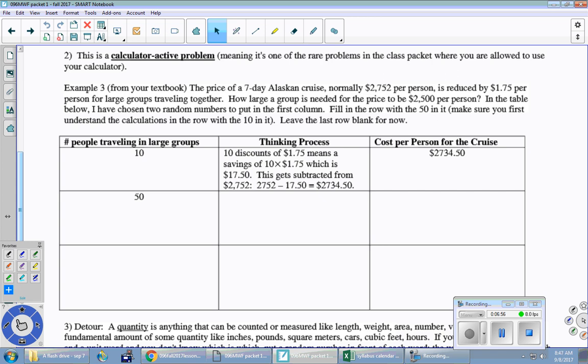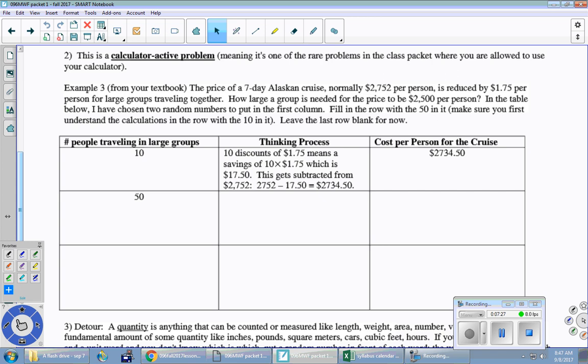So taking a look, if you have 10 people in your group, how would we calculate the cost per person? What would we do with that 10 to start? So remember, each person is $1.75 off. What would we do with our 10 people?